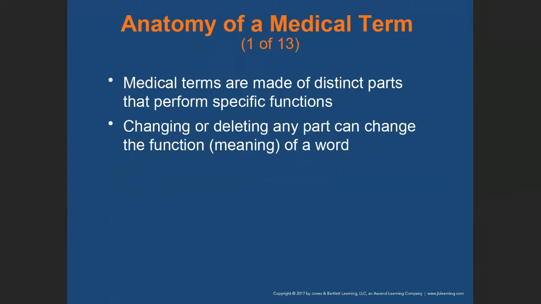Now, let's break down the anatomy of a medical term. So medical terms are made of distinct parts that perform specific functions. Changing or deleting any part can change the function or meaning of a word.